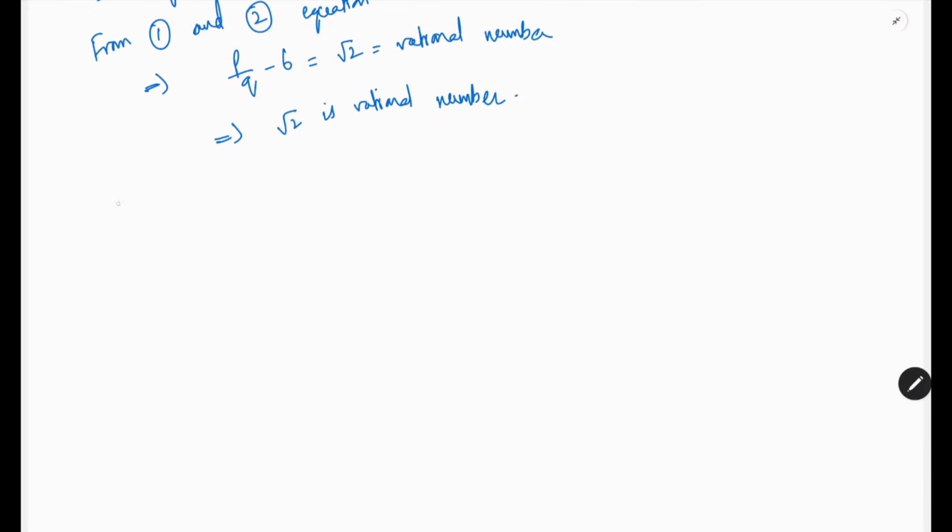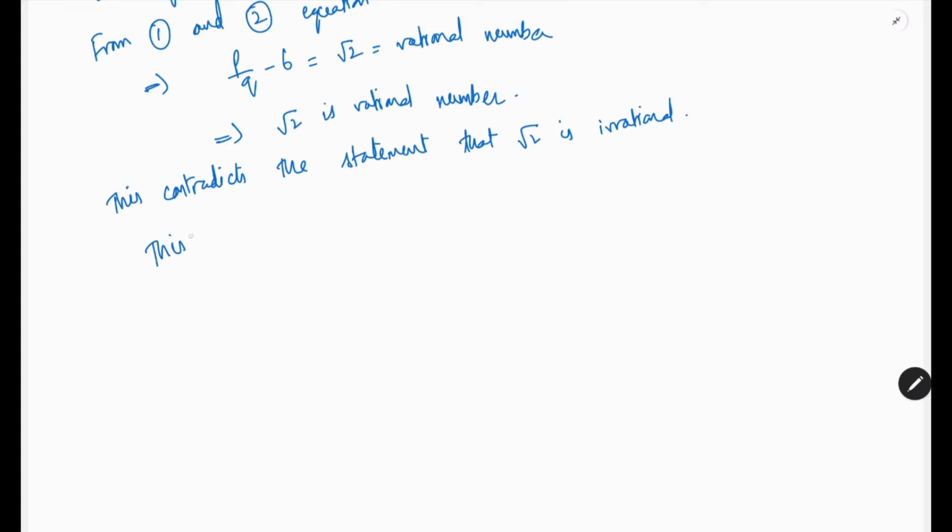So this contradicts the statement that root 2 is irrational, right? Root 2 is irrational.